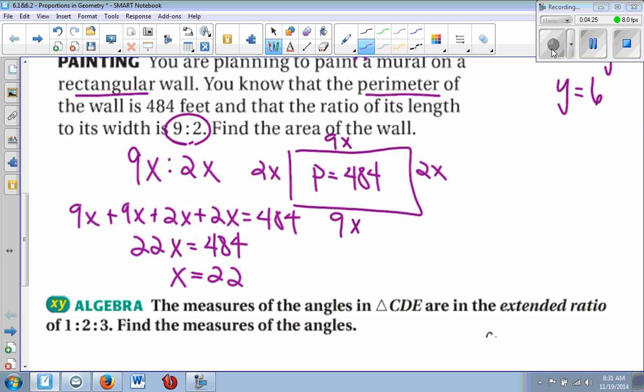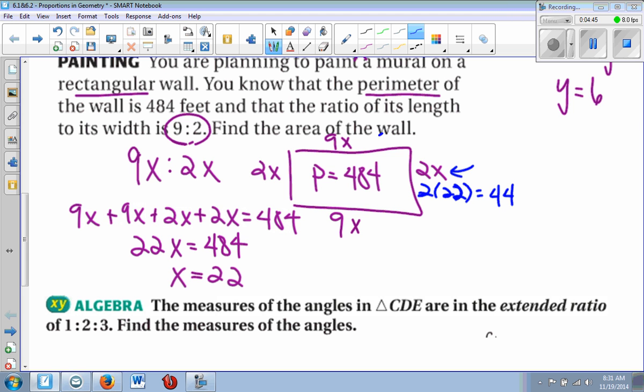Now it says that that's not the final answer, because the final answer wants to know what the area of the rectangle is. So now that I know what x is, I can plug it in here and find out that this length is 22 times 2, which is 44.